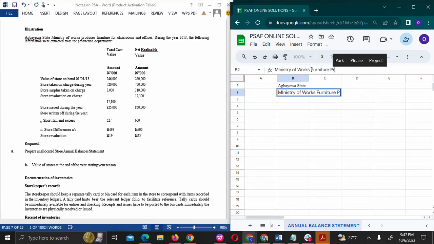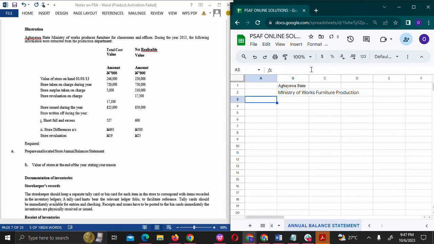Furniture production. Then we are doing the T account, right? So we have the annual balance statement as that.